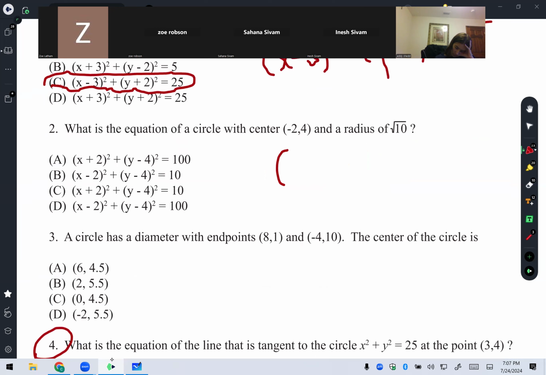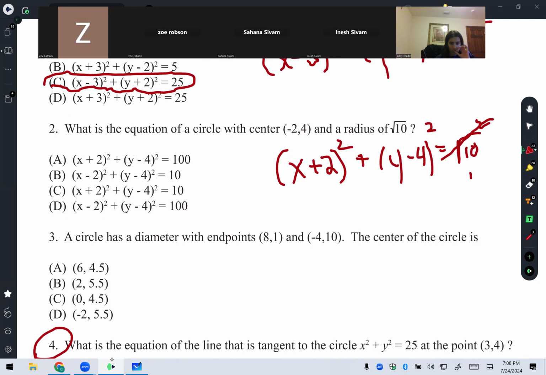This one is gonna be x plus 2, work ahead of me. And if I score that, I'll just get 10 for the radius. So I know these hundreds are out, and I know I need x plus 2, y minus 4. So I need C for this one.